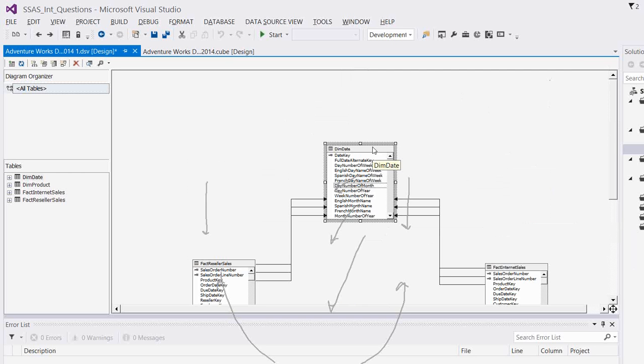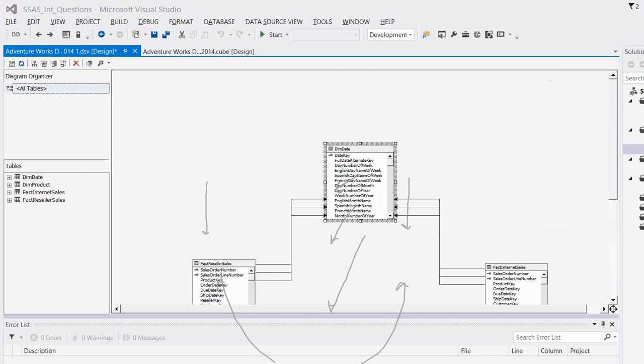Whatever fact table you take, it needs a time dimension, and this dim date will act as a conformed dimension because it has the same definition, meaning, and data when it is referred to from different fact tables. So these kinds of dimension tables are called conformed dimension tables.